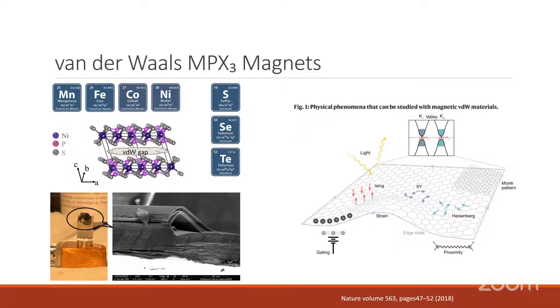But no matter how difficult they are to grow, people have tried many methods, and most materials in this family are pretty stable in air and can be measured with X-ray or neutron diffraction. So there are many good techniques that can characterize this family of materials.